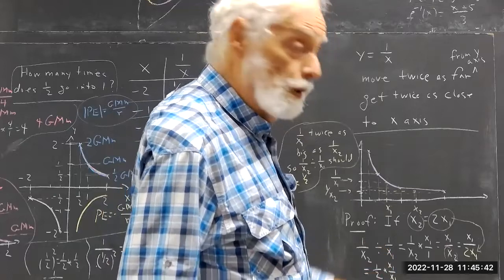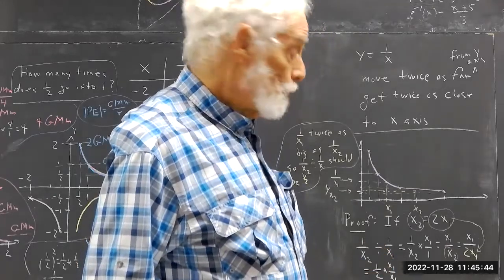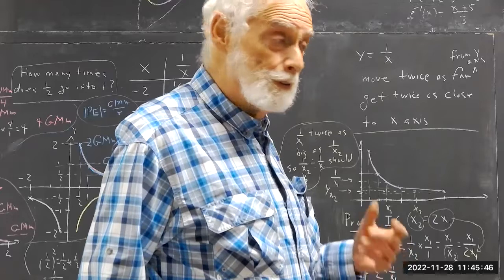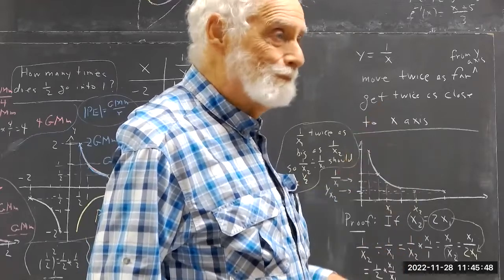Now we've got x1 over x1 here. And what's x1 divided by x1?